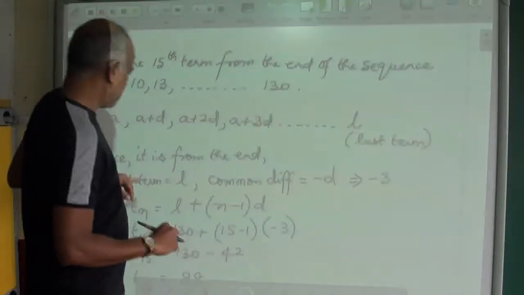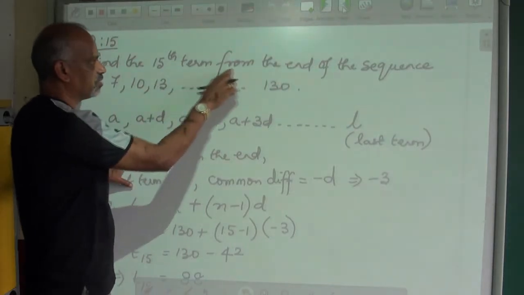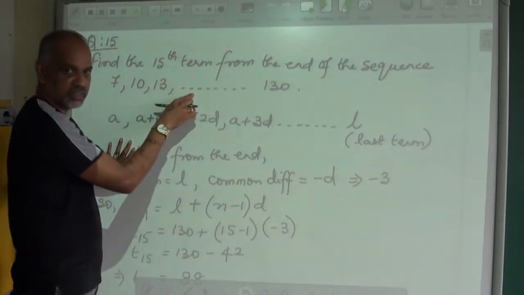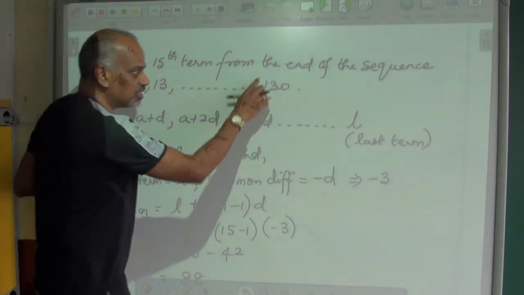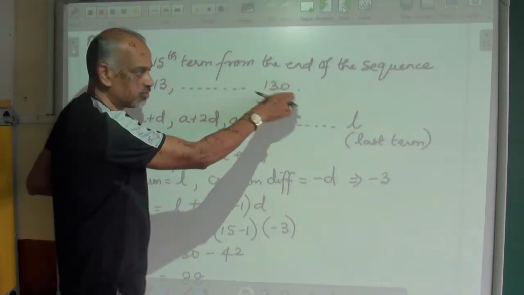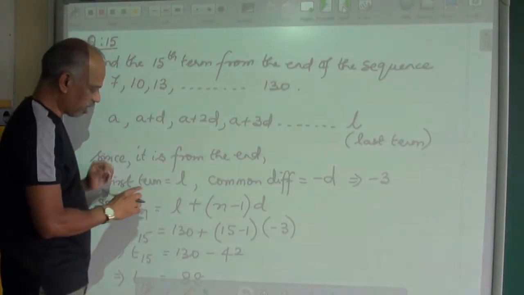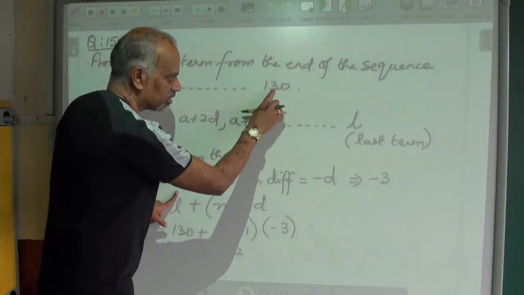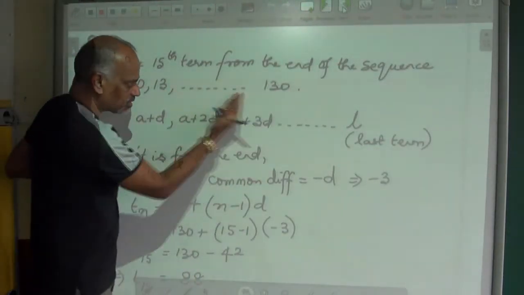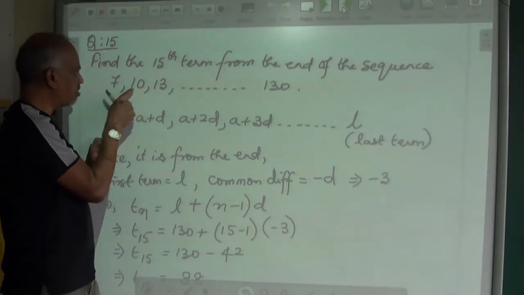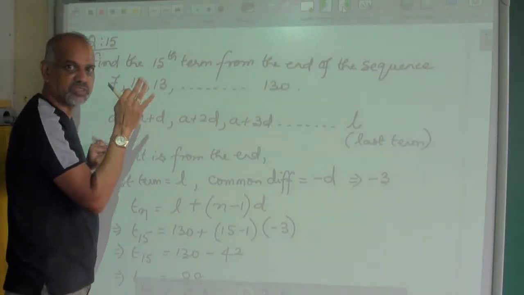Since it is from the end, we're going to find the 15th term from the end. From this side, the 15th term. The first term here becomes this one. We are coming this way, reverse. First term is going to be L, the last one, that's 130. And the common difference, if you're coming from this side, is 10 minus 7, which is 3. 13 minus 10, which is also 3.